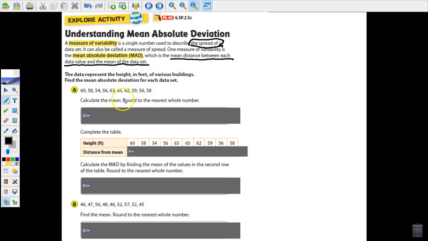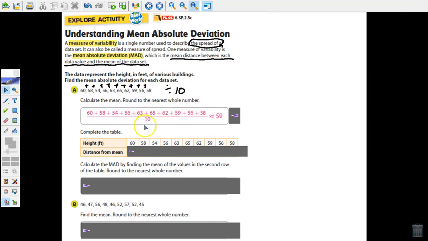First things first, we find the mean, which is adding all of these together. One, two, three, four, five, six, seven, 8, 9, 10. We're going to add all of them together and then divide it by 10. Okay? So that's what we do here.